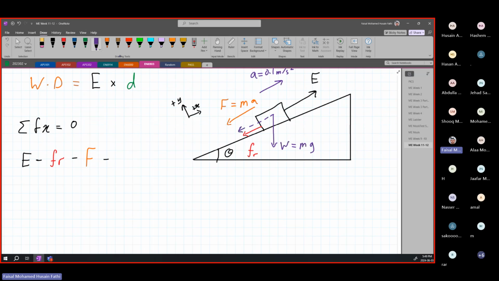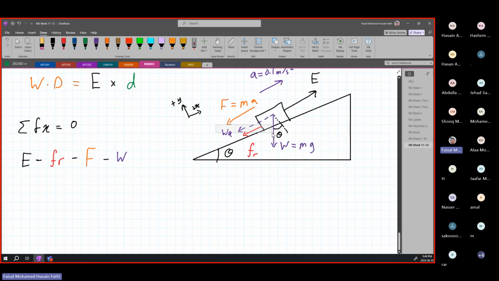How do you find the weight in that direction? Let's call this Wx. Again, it is in the negative direction, so it's going to be minus, but it is going to be weight times, since we have already found our theta value, all right? This basically means that this angle over here, this is also our theta value, if you remember from mechanics, from before the midterm, all right? This angle is also our theta value.